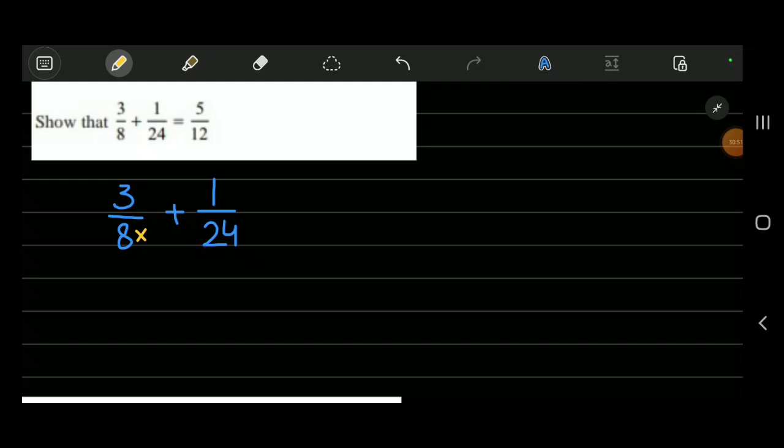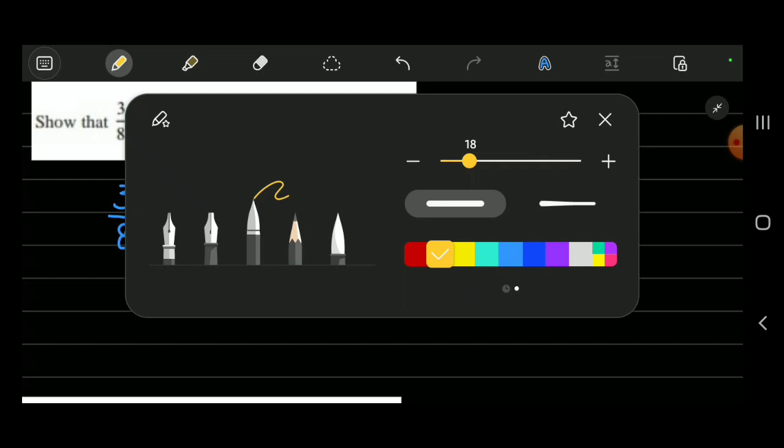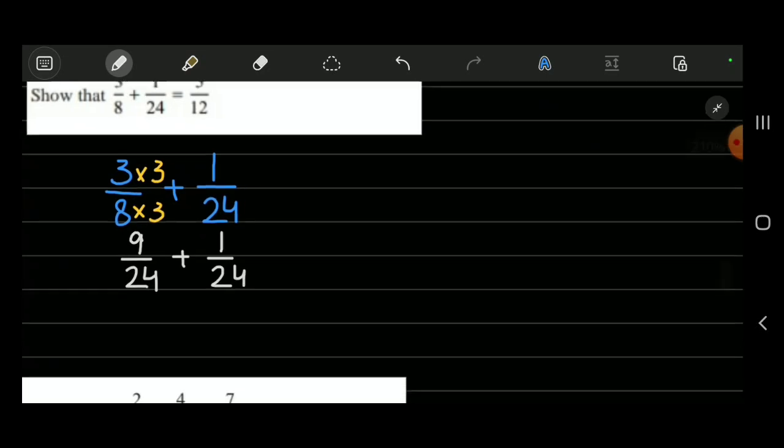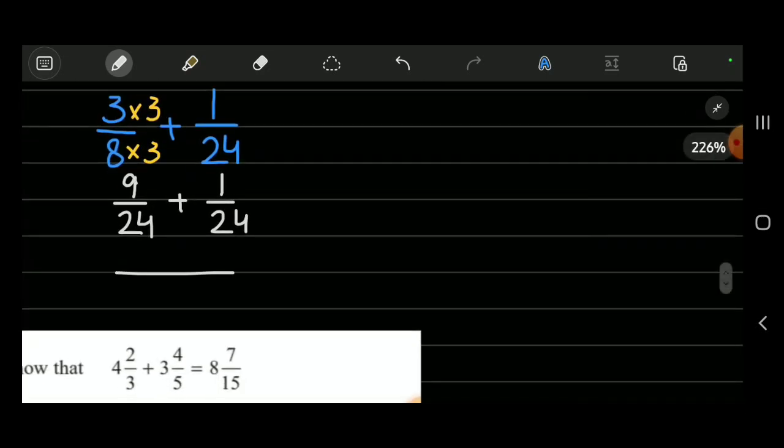Okay, so 3 times 8 is 24, so we multiply it with 3, we will get 9 over 24 plus 1 over 24, and the denominator 24 you can write as a whole, and 9 plus 1 is 10, so you can write 10 over 24.